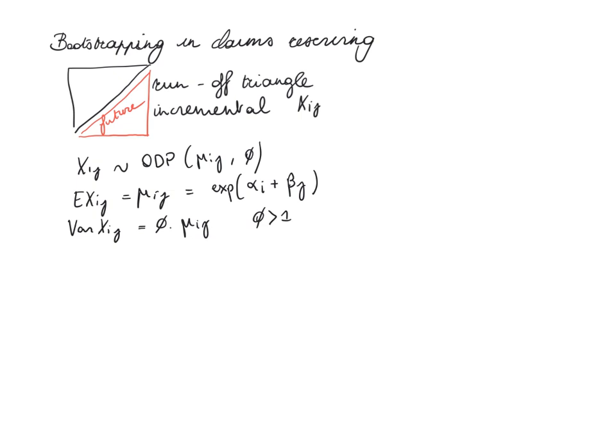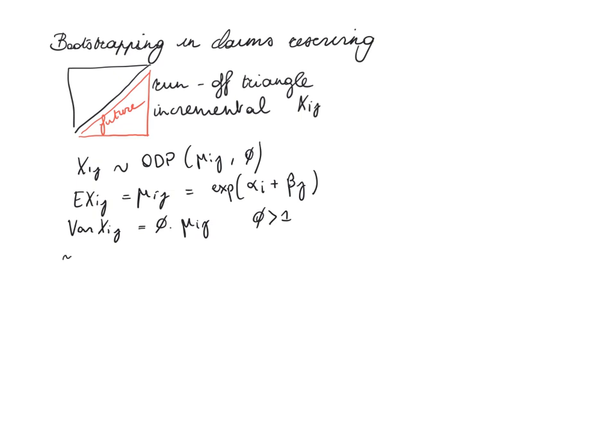Now the reason why I propose to start with this particular model is that if you estimate the parameters alpha i, beta j, and if you estimate with a point estimate the outstanding claim amount in the future, in the red lower triangle that you see in this picture, you'll get exactly the same point estimate as the traditional chain ladder would lead you to, right?